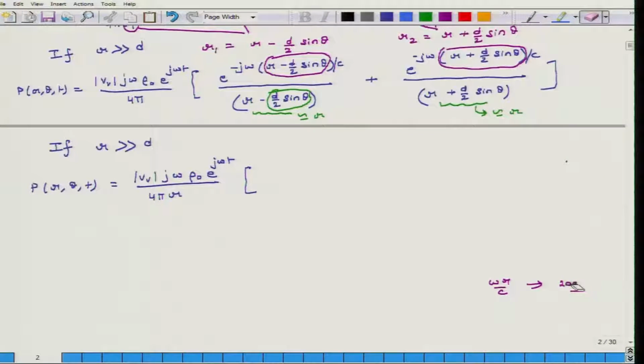So, I am going to erase this because I need some space. I will continue writing this expression. The other thing I can do is take e to the power of minus j omega r over c outside the bracket.